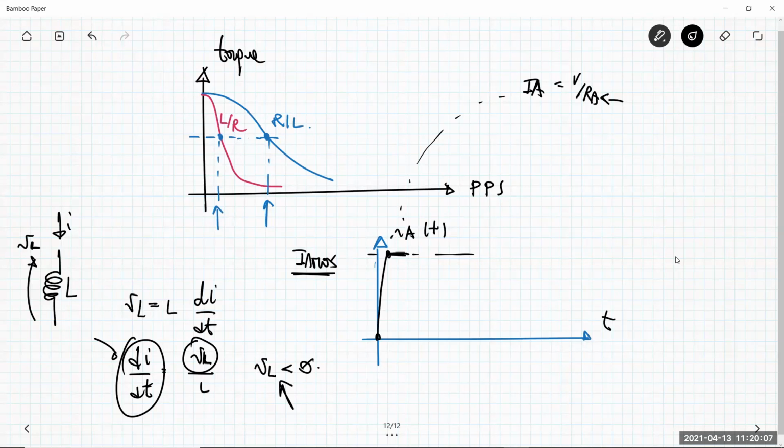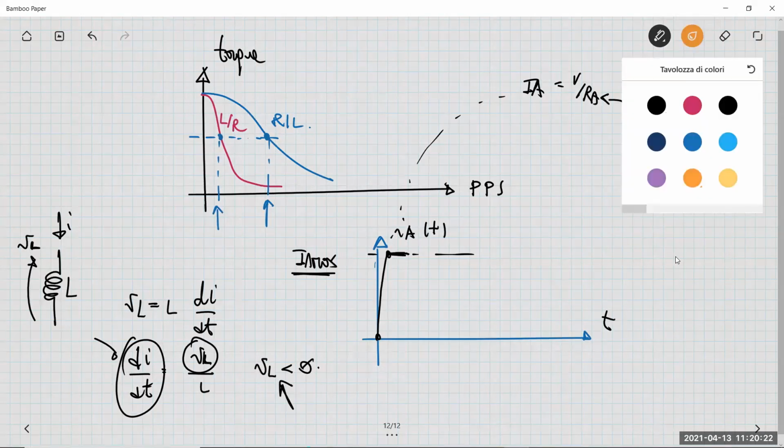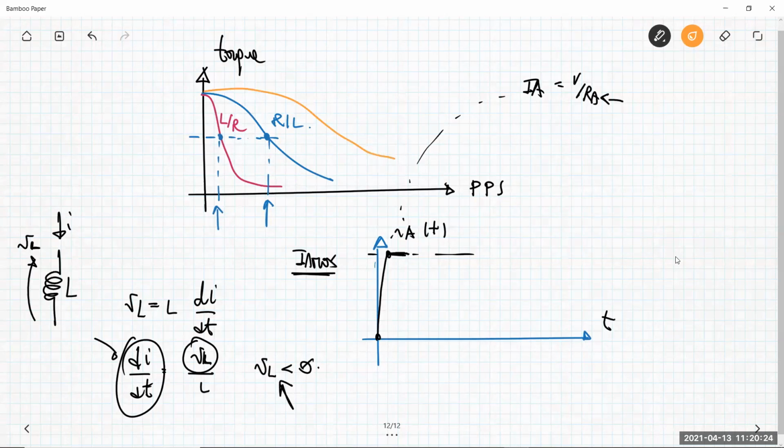Okay, so two basically techniques are needed to make faster operation of the stepper motor, increasing, for example, the torque to a behavior like this one.